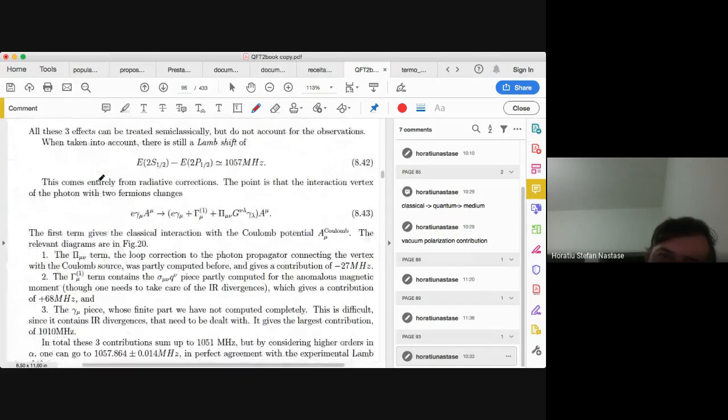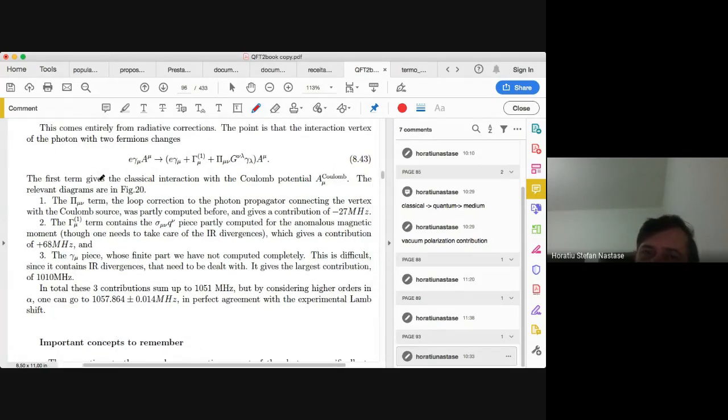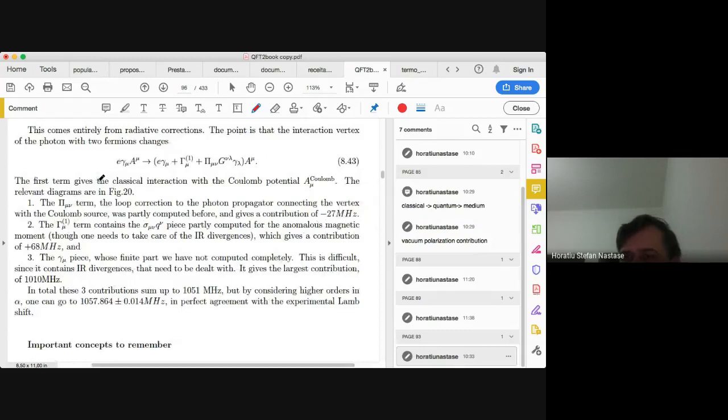So this finally convinced people that the quantum field theory formalism, which includes renormalization and includes ultraviolet and infrared divergences, is good.